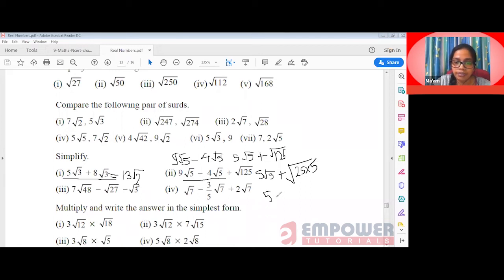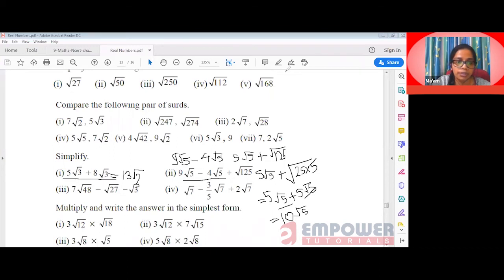So this will be 5 root 5. Since 25 is a perfect square, it will come outside the square root sign. So the addition of these two, because these two are like surds, will be 10 root 5. So the answer of the second one is 10 root 5. Those who have given this answer, very good.